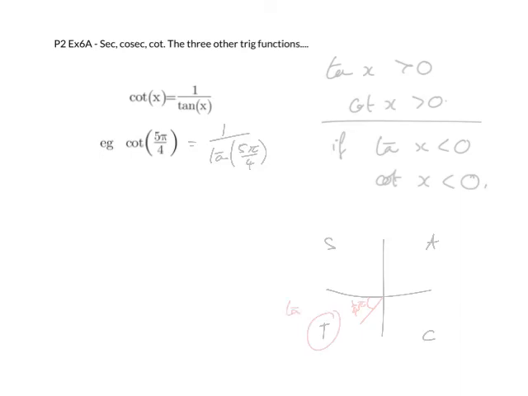Tan is positive, so we are finding the positive acute angle of tan, which is 1/4 pi, half a right angle, so think of it as 45 degrees. So we can find out tan quite quickly as being 1.